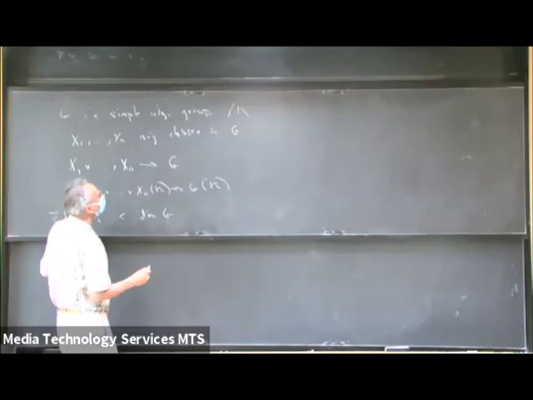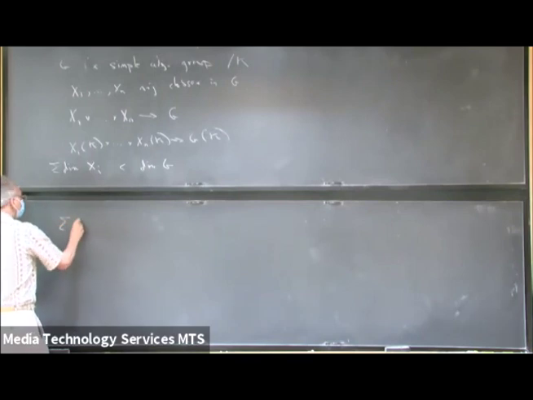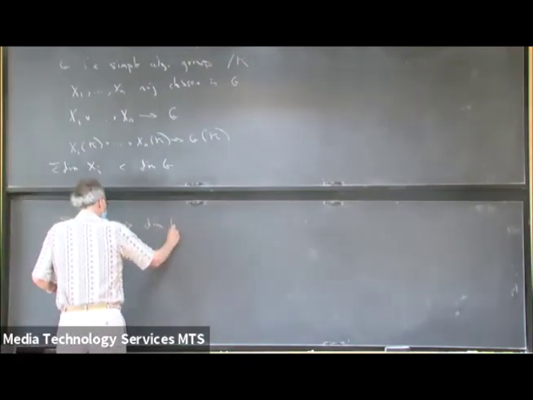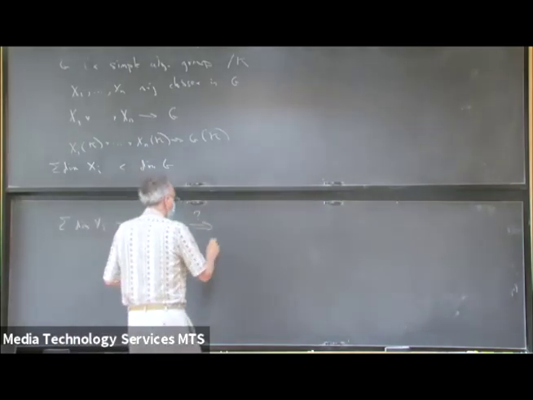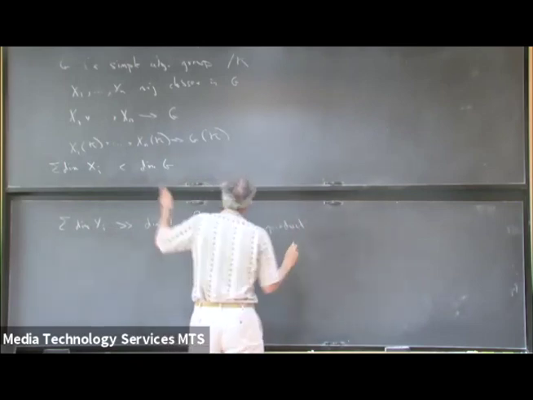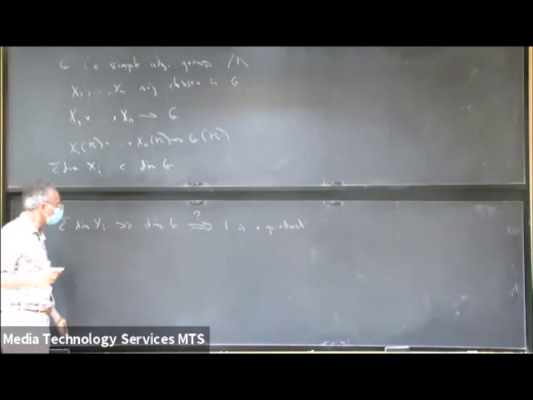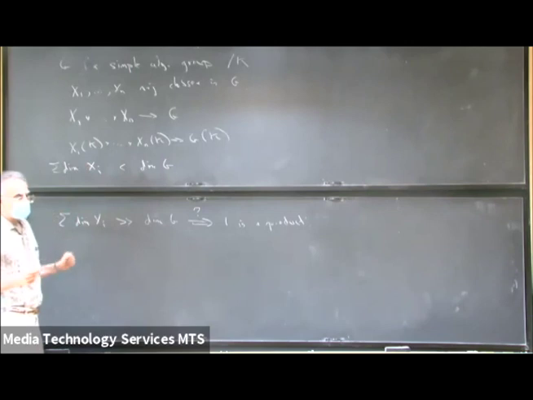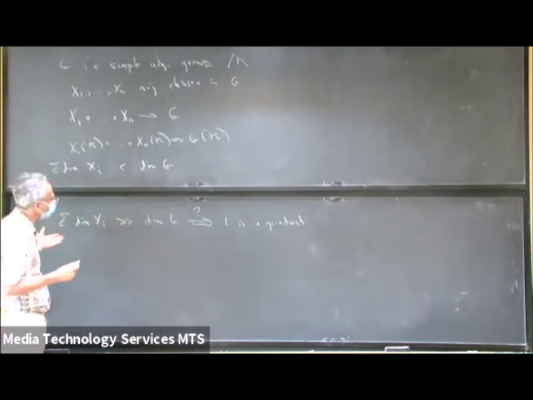And the feeling might be, or at least it would be reasonable to hope, that if the sum of the dimensions is much larger than the dimension of G, this might imply that 1 lies in the image of this map. So that's what we might hope for. Probably it depends on the field K.